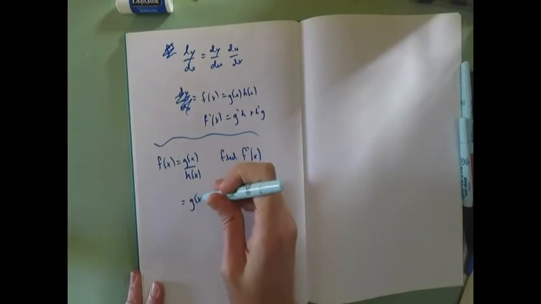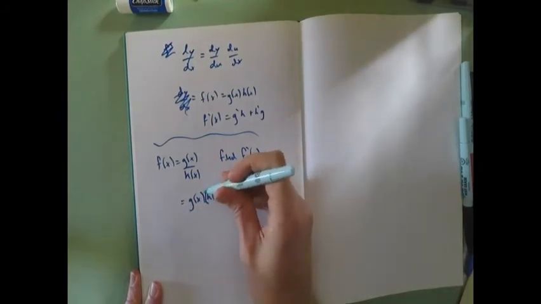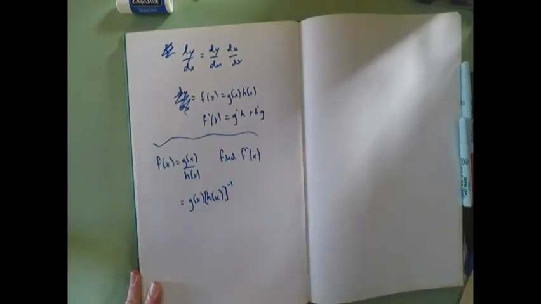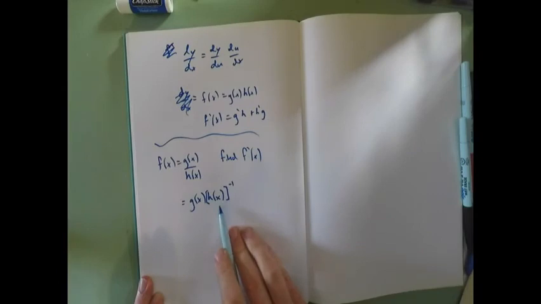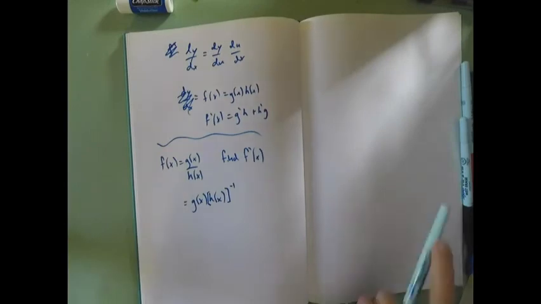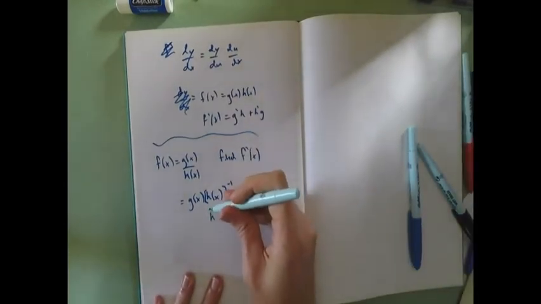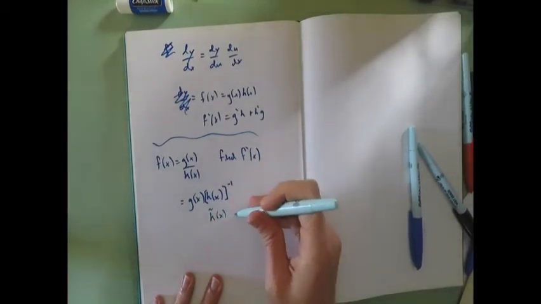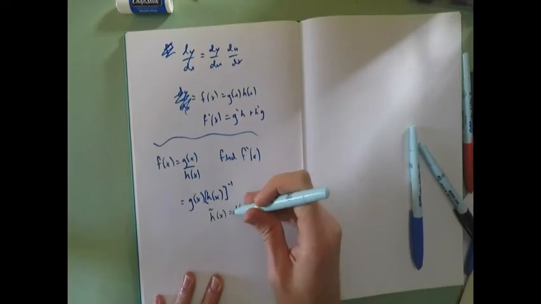So this is exactly the same as g of x times h of x to the minus 1. So now I can do a chain rule on this, and a product rule on the overall thing. Let's just really quickly rename this. We're going to call this h tilde of x, which is just h of x to the minus 1.